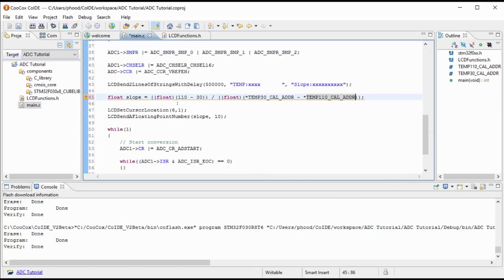So what I'm essentially doing is telling the compiler what this number is going to be, and it's going to be a float, even though it really isn't going to be a float, but I want it to be a float because it's going to end up being a float anyway. So I want to keep all of the casts consistent. And this one also will be a float, even though it's just the number 80. So let's go ahead and try this and see if it works.